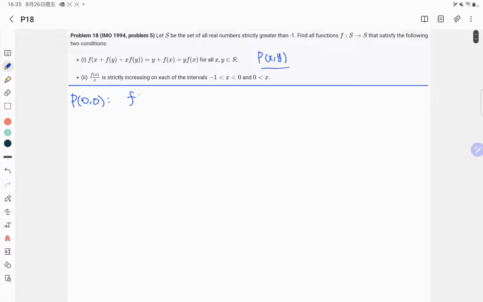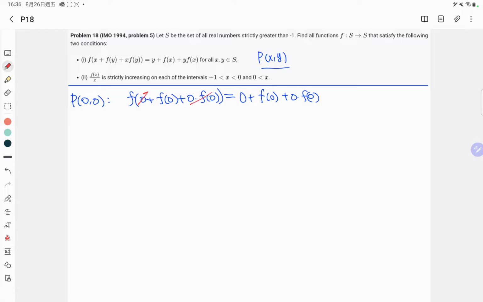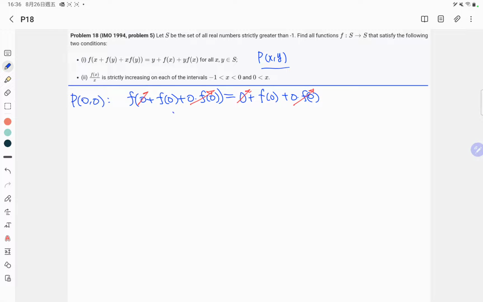Then we have f(0) plus f(0) plus 0 times f(0) equals 0 plus f(0) plus 0 times f(0). We can quickly see that the product terms are 0, so we get f(0) = f(0).